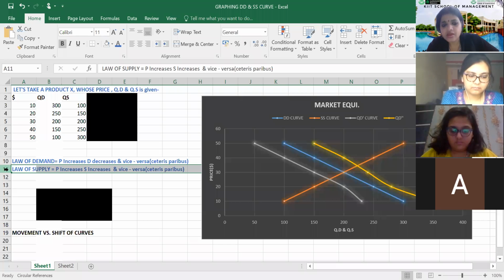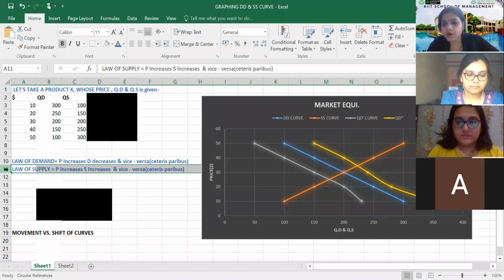Profit. Yes, of course, profit. So profit is the biggest motivation for any seller or any kind of entrepreneur who is driven and who is there in the market. So if you want to earn more profit, it goes by the law of supply. A seller can earn profit by quoting a high price.